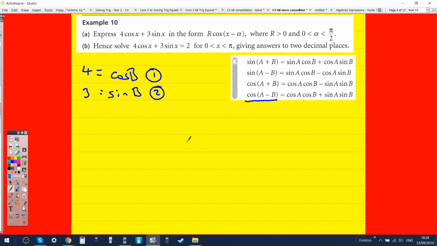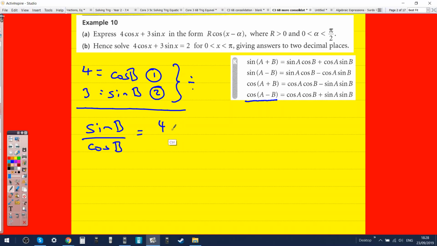How do you know that 2 over 1 is arctan? So this is basically simultaneous equations. Usually you might add the two, that doesn't work. You might subtract the top from the bottom, that doesn't work. You're now at a level where if you divide them, what you get is sine b over cos b is equal to 3 over 4. And that becomes tan b is 3 over 4, and then we can solve that.